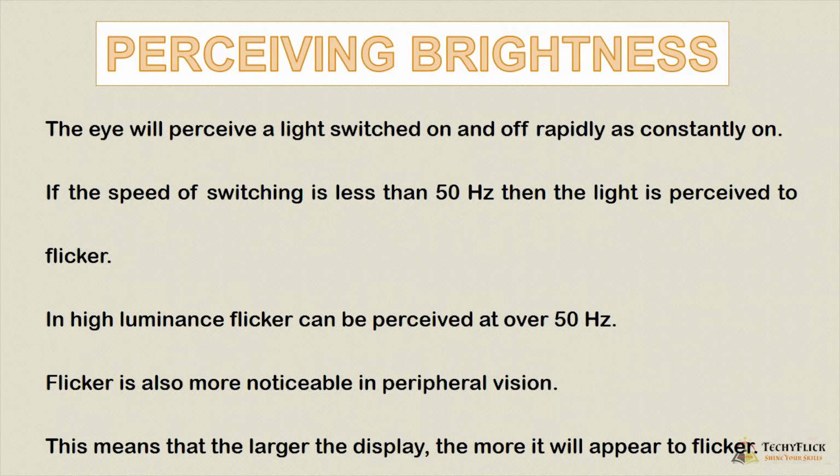If the speed of switching is less than 50 Hz, then the light is perceived to flicker. In high luminance, flicker can be perceived at over 50 Hz. Flicker is also more noticeable in peripheral vision. This means that the larger the display, the more it will appear to flicker.